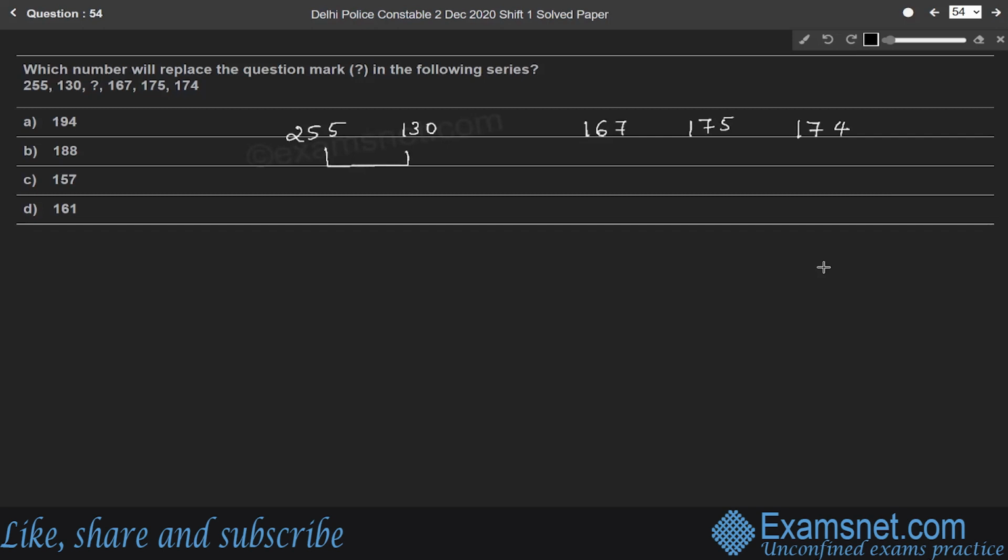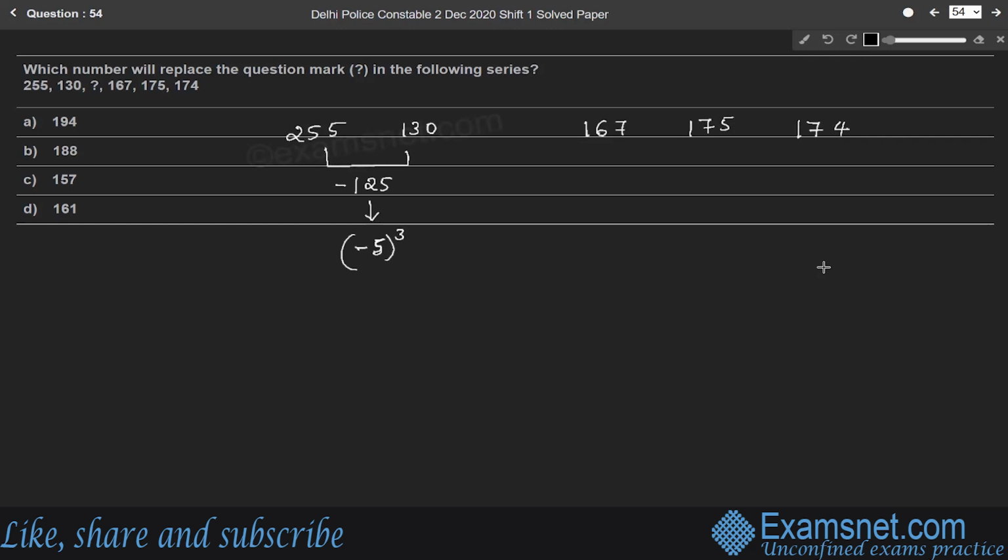Here the difference is 125. So 255 minus 125 is equal to 130, right? This 125 can be written as cube of 5, and since it has a negative sign, it is cube of minus 5.